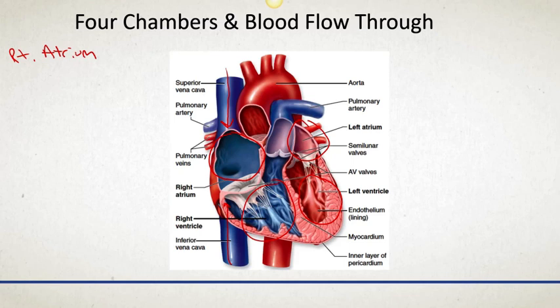So from the right atrium, we go through the first valve here. And the first valve has 3 leaflets. This is known as the tricuspid valve. And then we end up in the right ventricle.